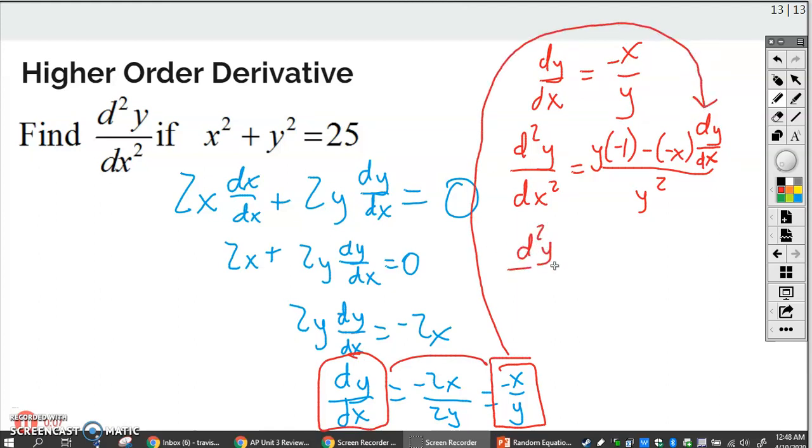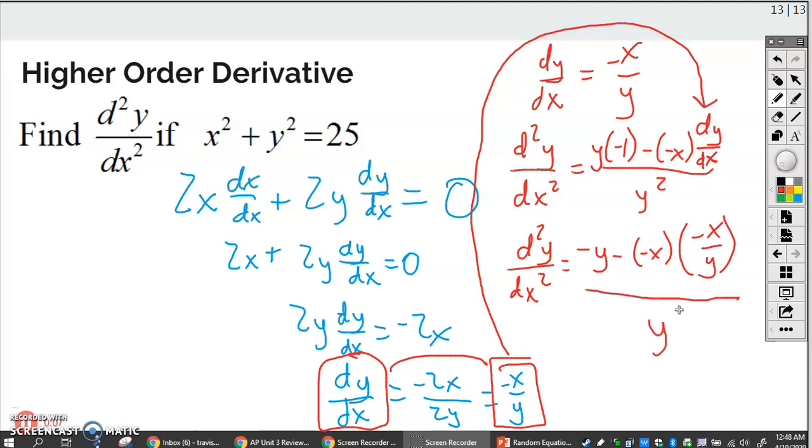So the second derivative of y with respect to x would be negative y minus negative x times, instead of dy/dx, I'm going to plug in the expression for dy/dx, all of this over y squared. Now you could simplify it further, but you definitely don't need to.